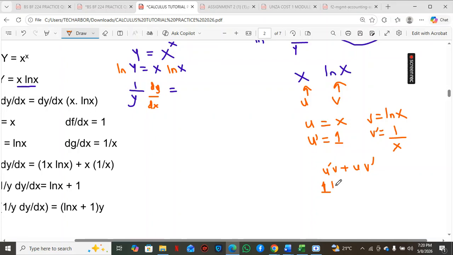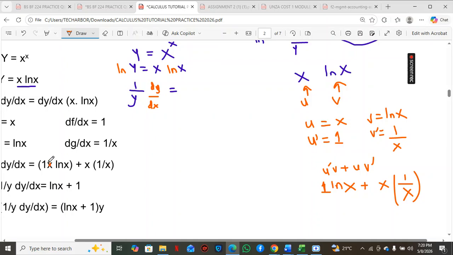So I say 1 natural log of x, plus u is x, and then v prime is 1 over x here. So your expression is going to read like this: 1 natural log of x plus x times 1 over x.